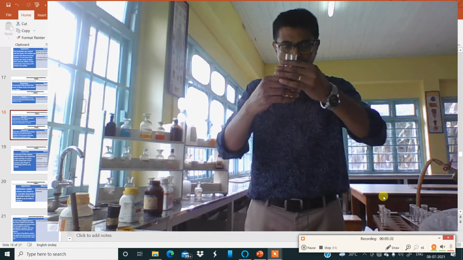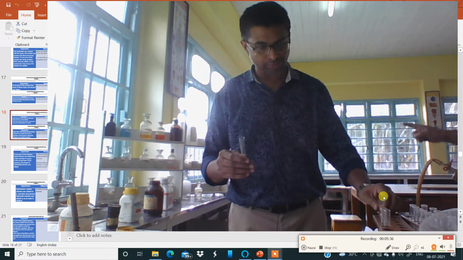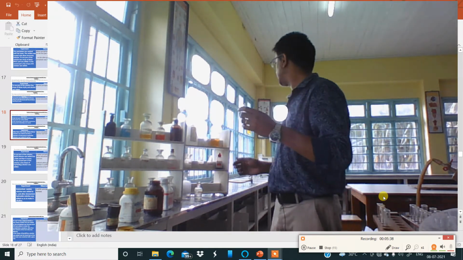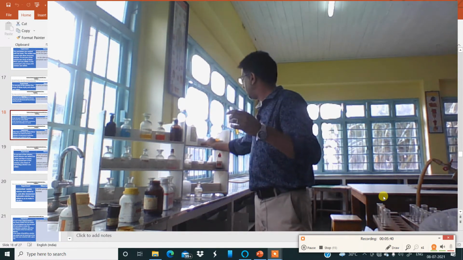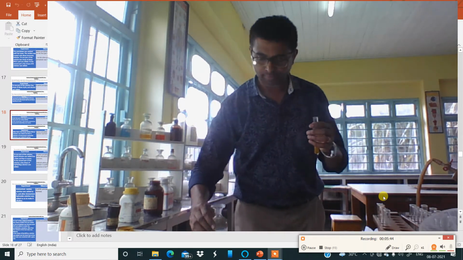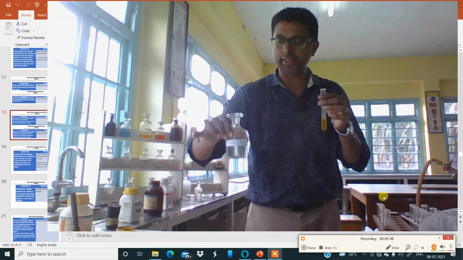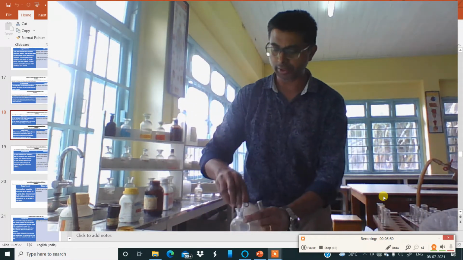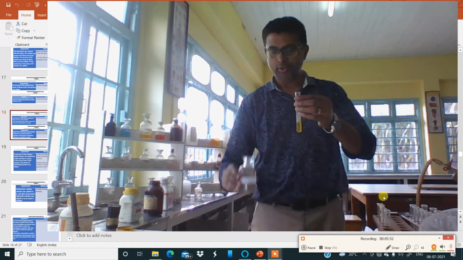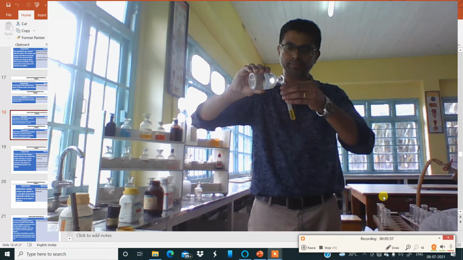Now to the first part, I am supposed to add potassium thiocyanate solution, KCNS. The reagent is here. So here I add potassium thiocyanate solution.